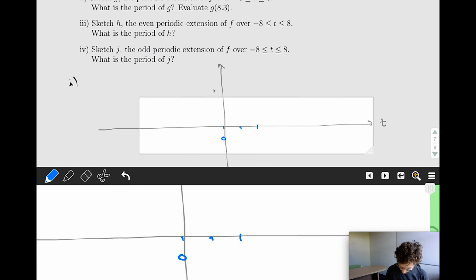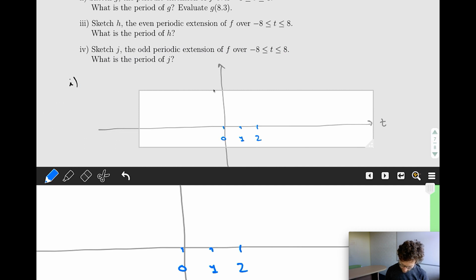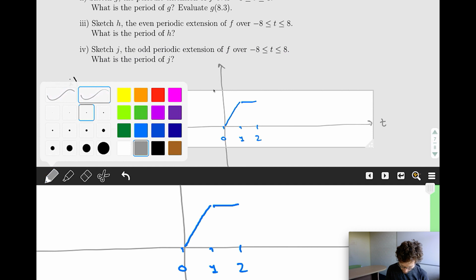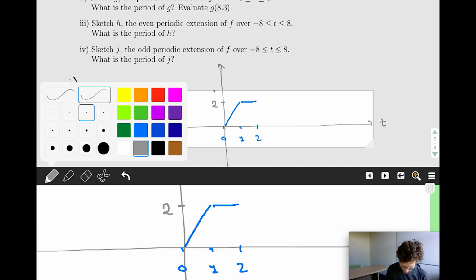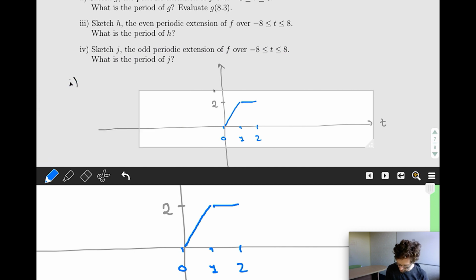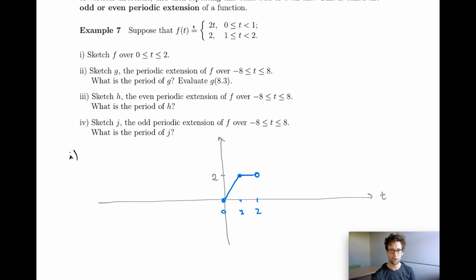So here's 0, here's 1, here's 2. I know that the function increases linearly, like 2t between 0 and 1, and then it takes the constant value of 2 between 1 and 2. I know that I'm not including this point, and I am including this point, and I am including this point. So that is a sketch of what this function looks like.